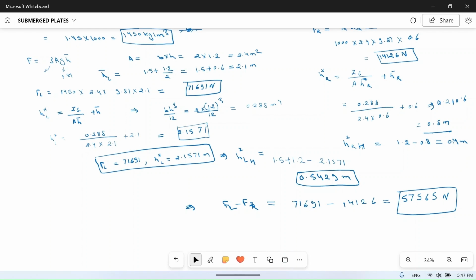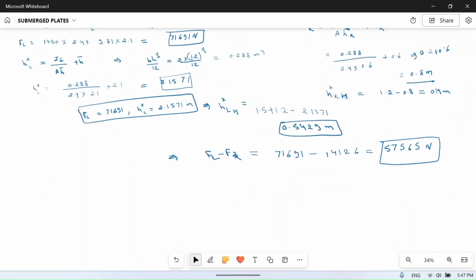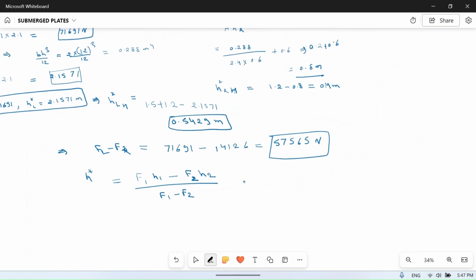Now what will be the resultant location at which this force will be acting, meaning the resultant center of pressure. So H star actual, which is resultant, will be equal to F1 H1 minus F2 H2 divided by F1 minus F2, because F1 and F2 are in opposite directions.